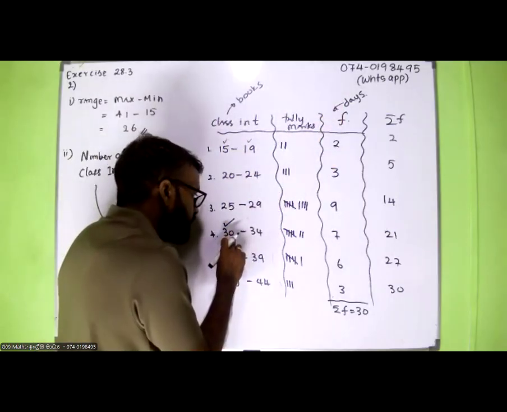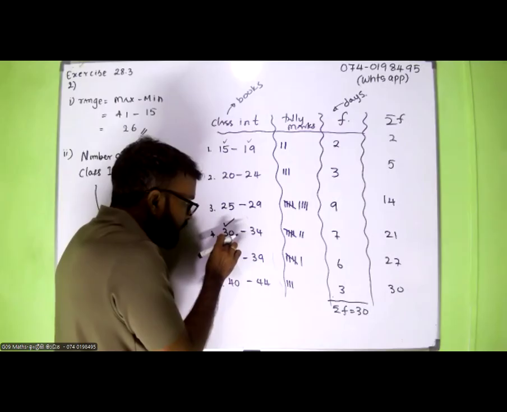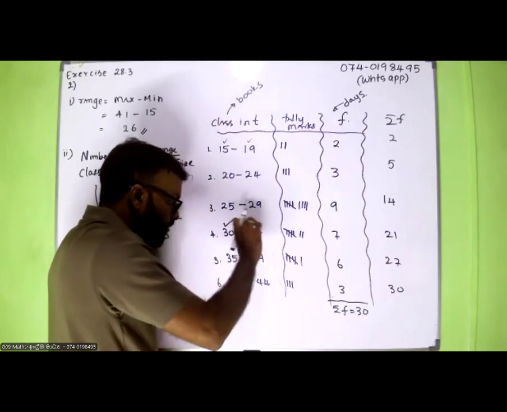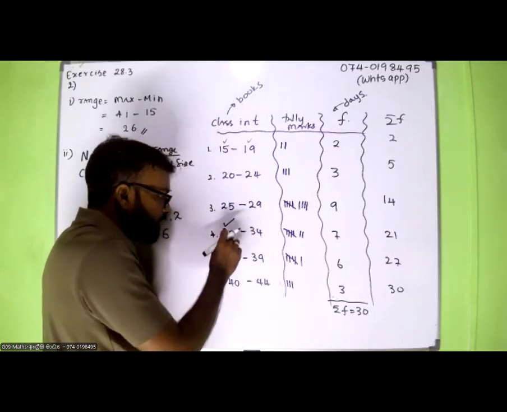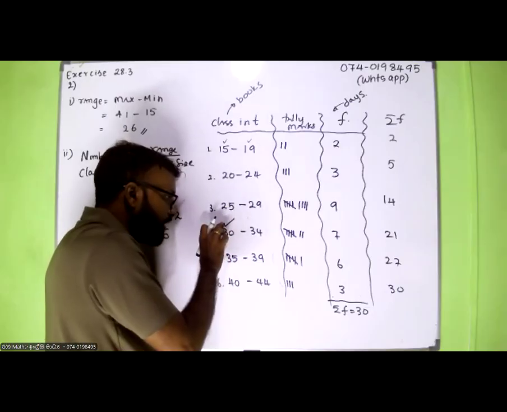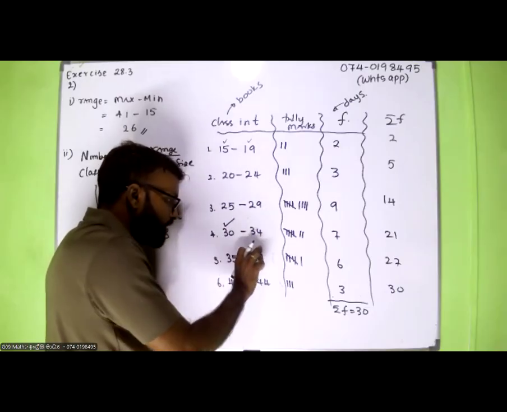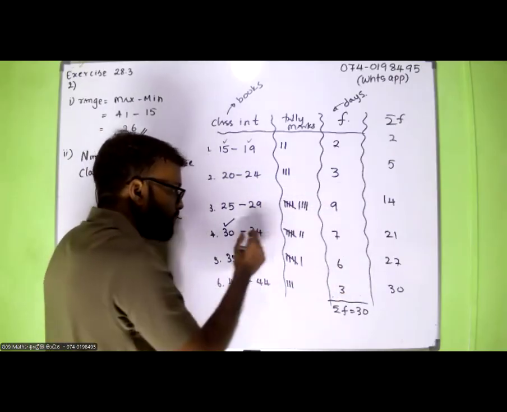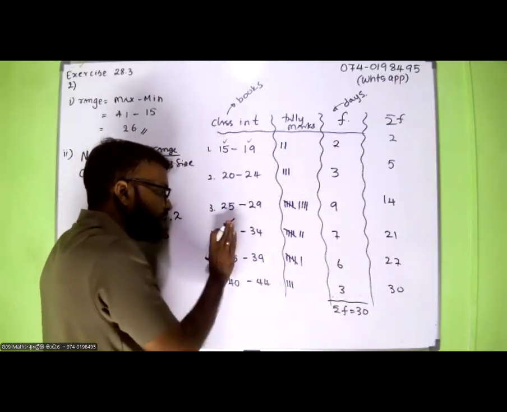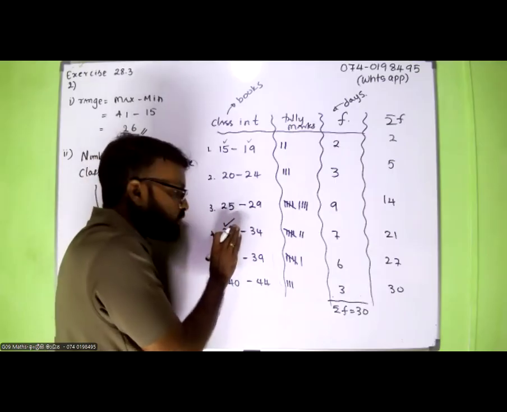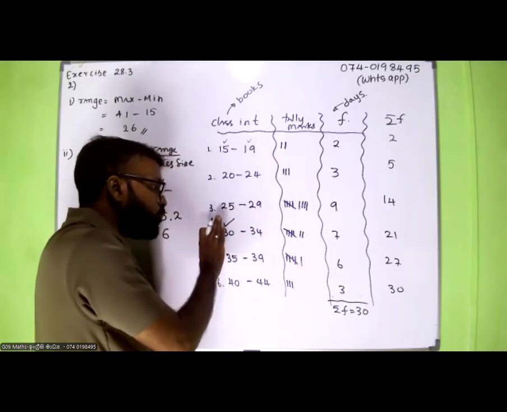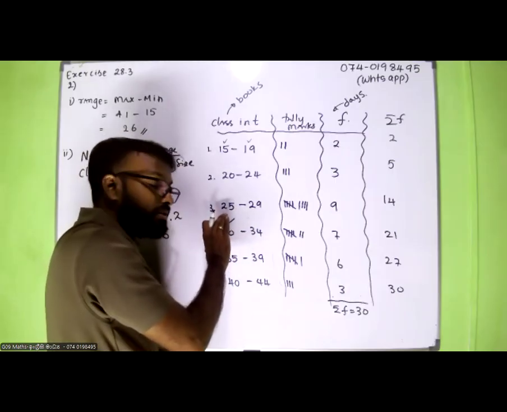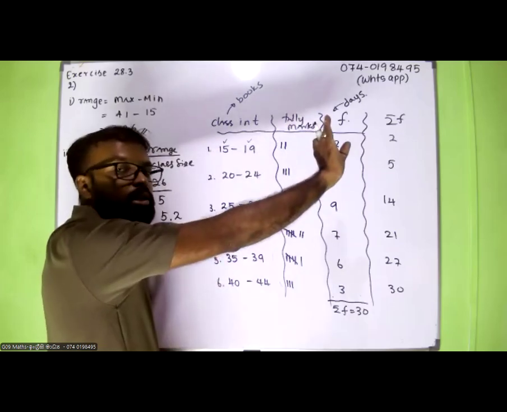Starting from 30 to 34, 35 to 39, 40 to 44. So you have to add all of these frequencies to get the number of days.